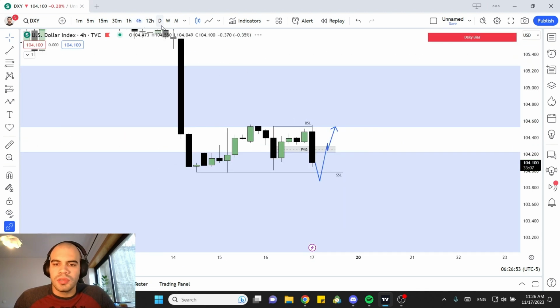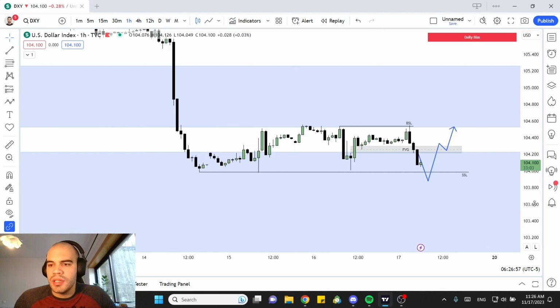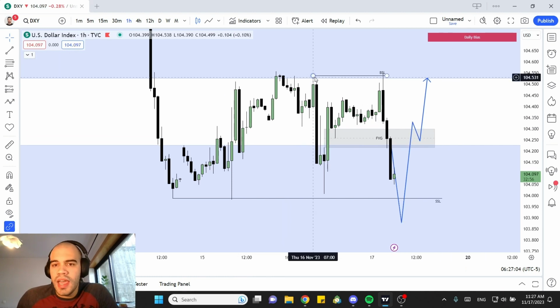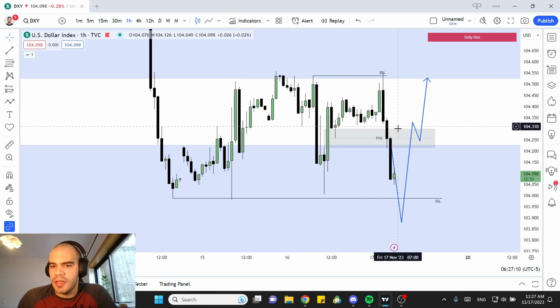On the 4-hour time frame, we don't have any important information. Let's go to the 1-hour time frame. As you can see, we had a sweep of a high today at 3 a.m. New York local time, and then price started moving lower.